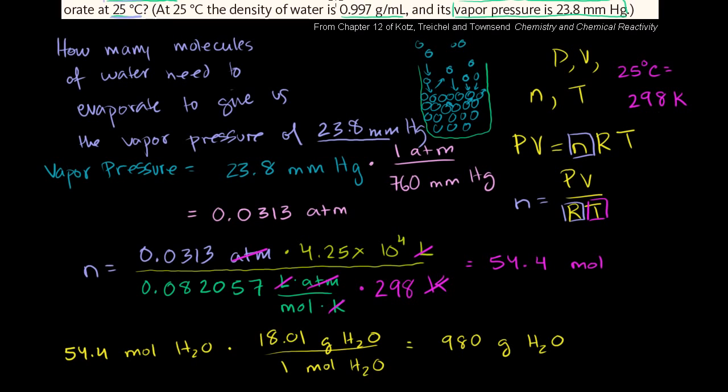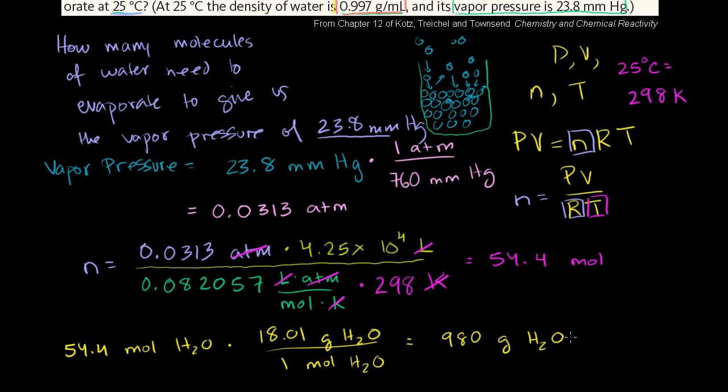So they tell us the density of water right here: 0.997 grams per milliliter. Or another way you could view this is, for every 1 milliliter, you have 0.997 grams of water at 25 degrees Celsius. So this is grams per milliliter. We want milliliters per gram because we want this and this to cancel out.